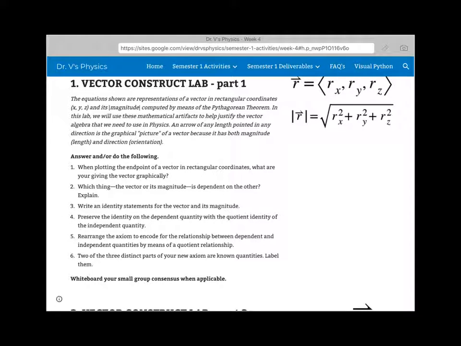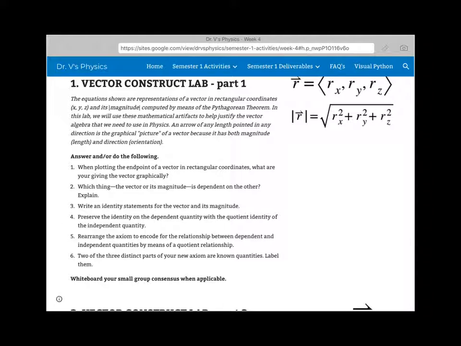All right. When you plot the endpoint of a vector in rectangular coordinates, what are you giving the vector graphically? So what am I asking for here? So if I had an XY plane, and I was plotting the endpoint of a vector in rectangular coordinates, so I could go at 1, 2, 3, 4, and here's an x coordinate.